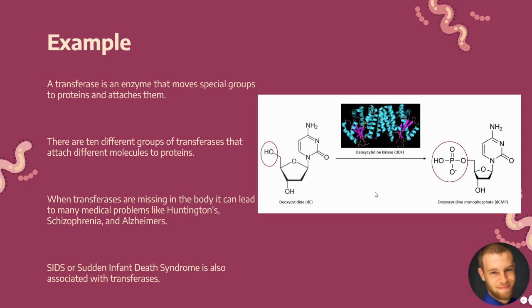And then it attaches this, which is called a phosphorus group, or a phosphate group. It's got a P and 3 O's with the OH. That's a phosphate. And it gets attached to this molecule. And then instead of being deoxycytidine, it is now deoxycytidine monophosphate, because it has one phosphate on it. And that's able to do that because of this enzyme here. And it has an active site and everything.